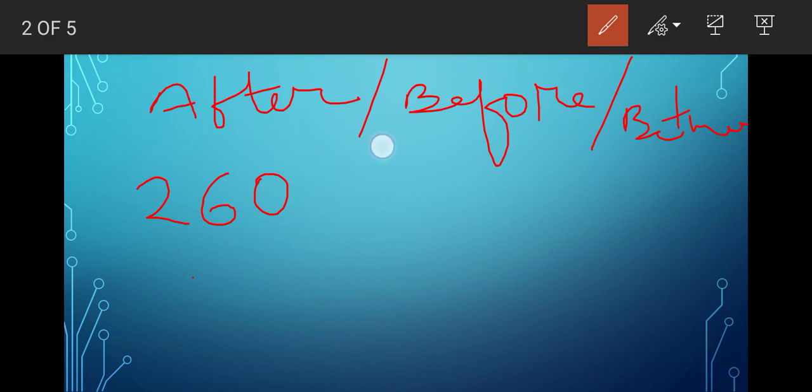So in order to know the number before 260, you will minus 1 from it. You get the answer 259. This means that before 260 is 259.